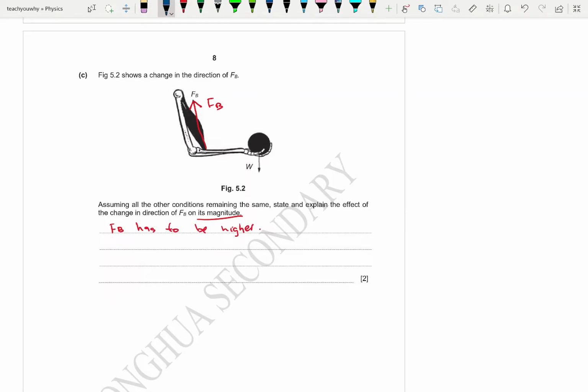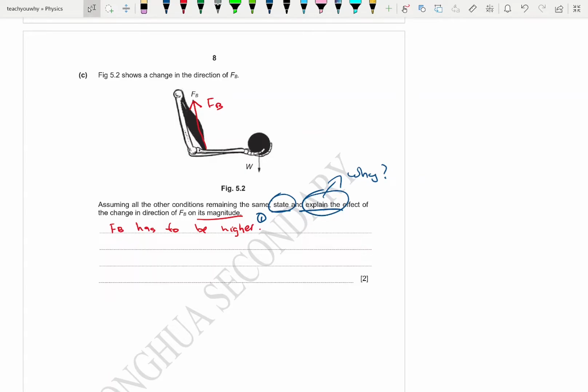Why? Because we need to explain. State, this is 1 mark. This is my state. Then we need to explain why. Whenever it says explain, it means why. So why is that so? It is because as you can see here, right now it is no longer perpendicular, which means your moment arm has been reduced.